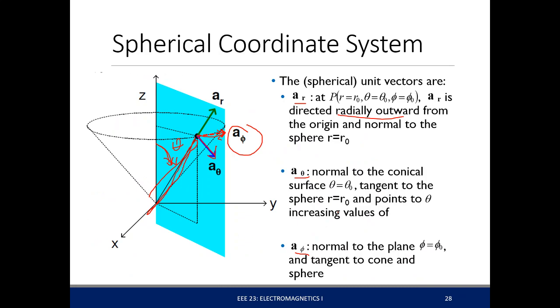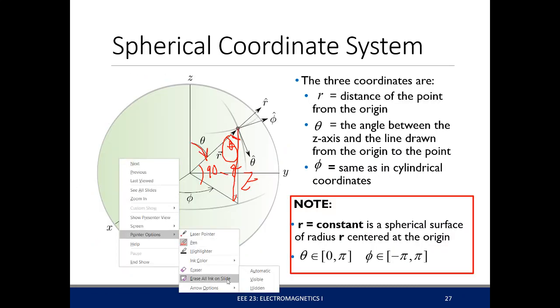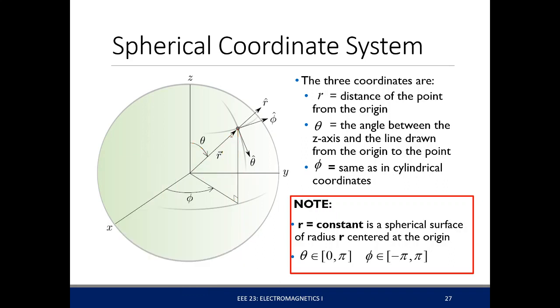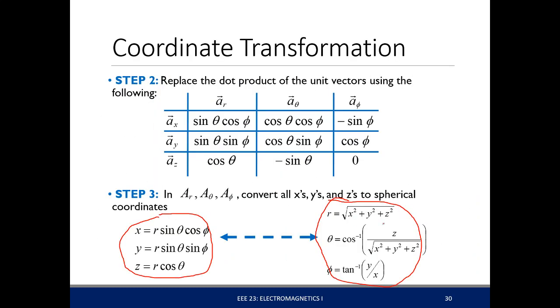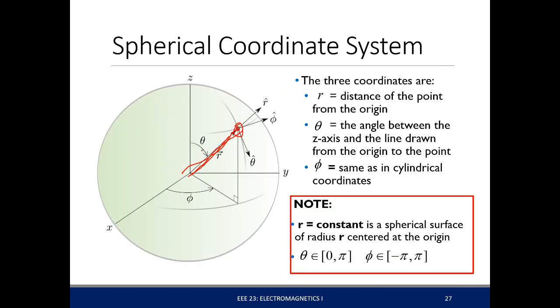Well, for one, the radius is r, so that would mean it's the length of this vector right here, which has an x, y, and z component defined by the coordinates of this point. Then you can get the length of this vector by just using the Pythagorean theorem. So that's the square root of x squared plus y squared plus z squared. Theta is a different story, but know that theta is equal to the angle between the z-axis and r.